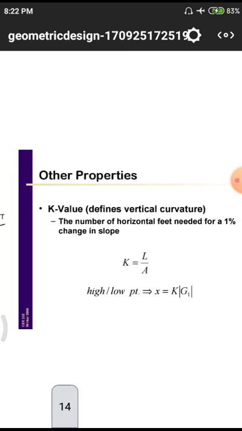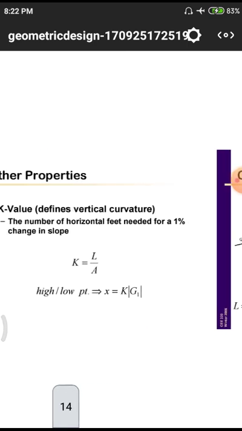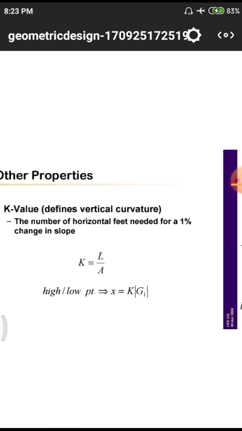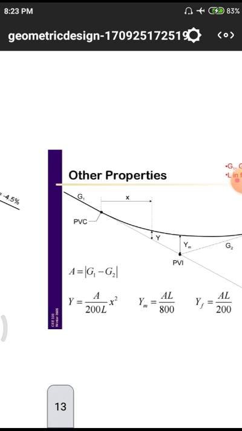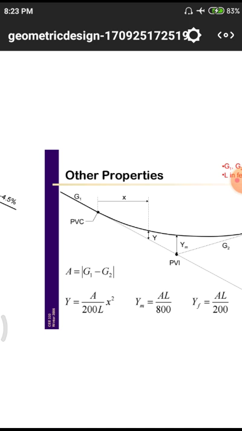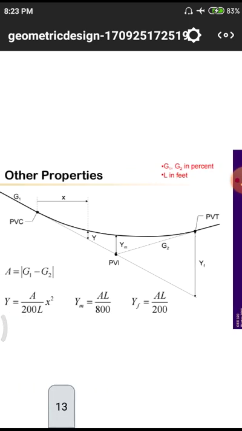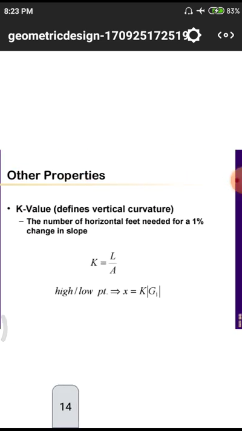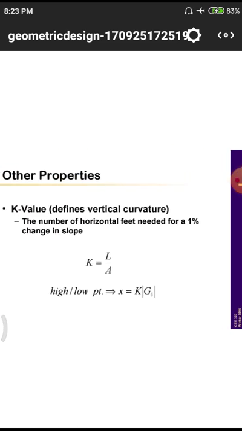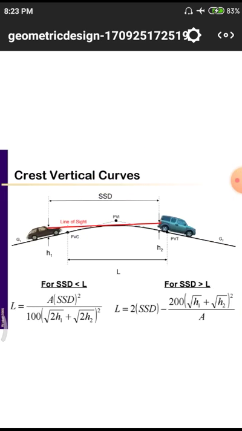All those are related to these equations. K equals the total length of the curve divided by the A value, where A equals gradient 1 minus gradient 2. Gradient 1 is positive and gradient 2 is negative, so we simply add those two gradients to get A, and then we find the length of the curve. Simply we get K equal to L by A. This is a particular value we have to find out.